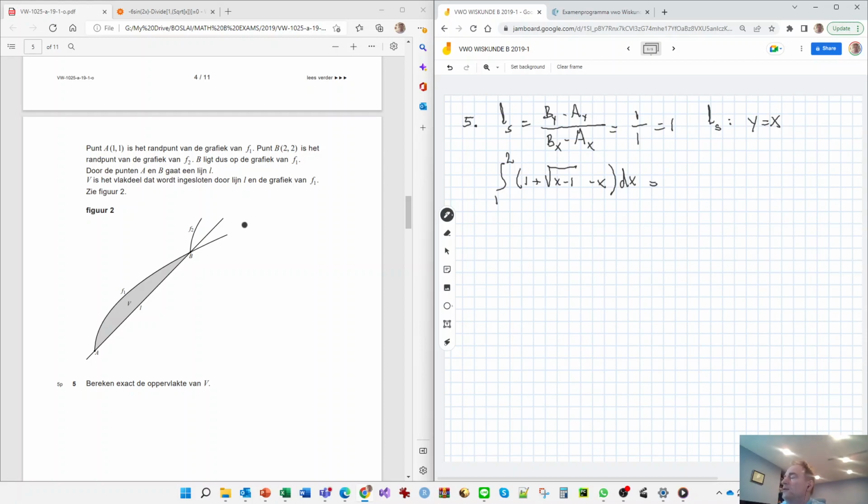So these are standard functions for which you know the primitives, so you get x and you get x minus 1.